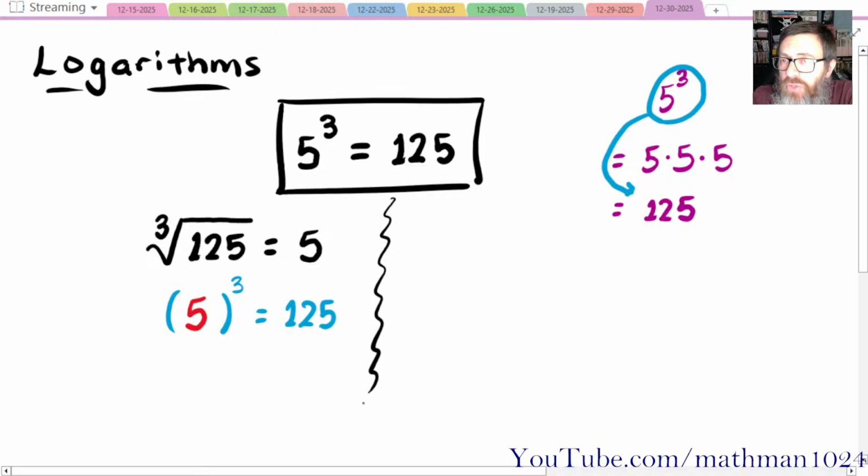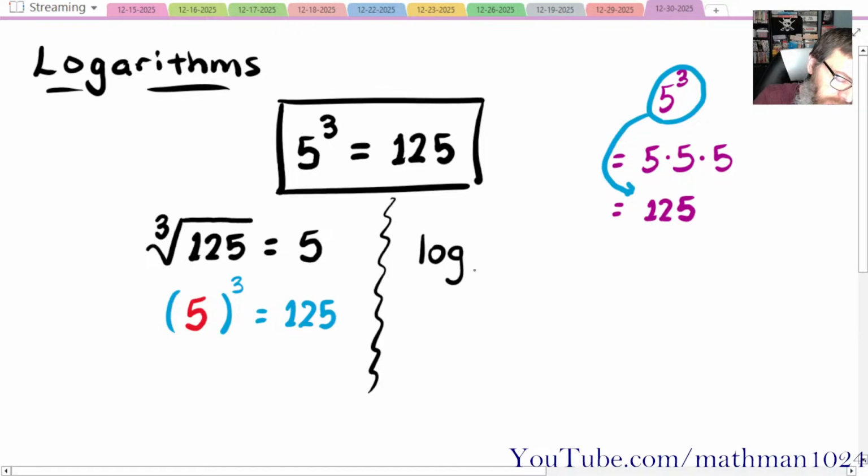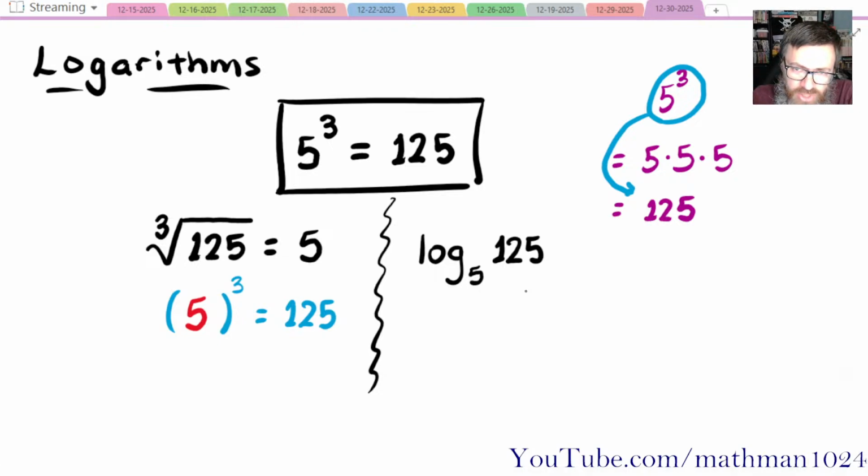Well, let's talk about logarithms, and we'll see how they are, I'm not going to say exactly the same as radicals, but there is a connection going back to what we have boxed at the top here. So for a logarithm, you would have it written like this. Log base 5 of 125. Now, this expression is asking for a particular piece of information from what we have in the box.